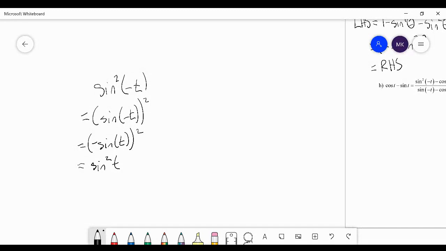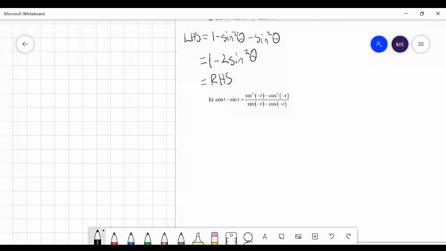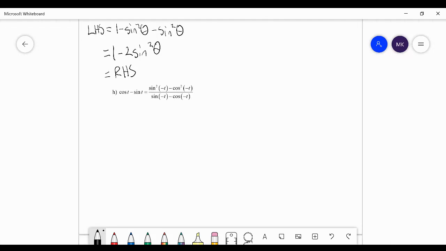So let's use that. Starting with our right-hand side, I'm going to make these conversions first. Sine squared of negative t, as we just saw, is really just sine squared t. Then minus cosine squared of negative t. Since cosine is an even symmetry function, cosine of negative t is just cosine of t.